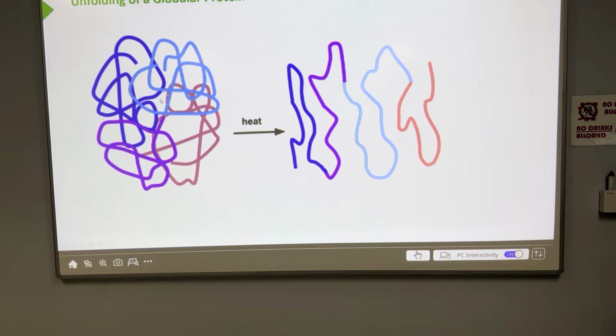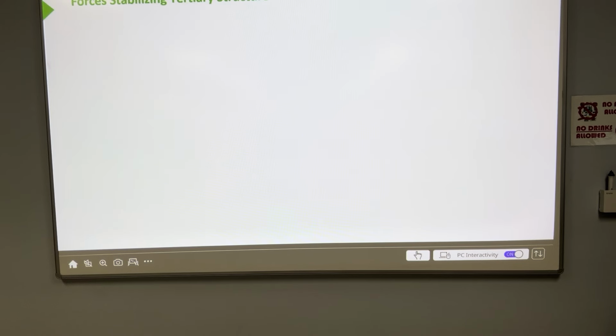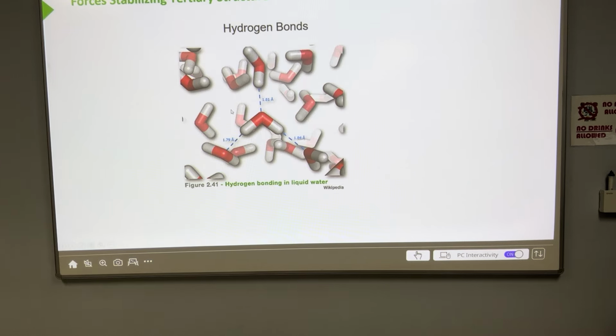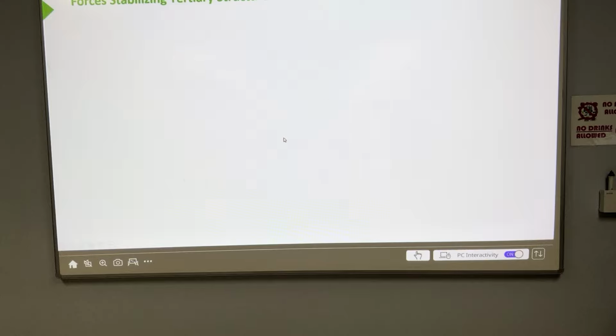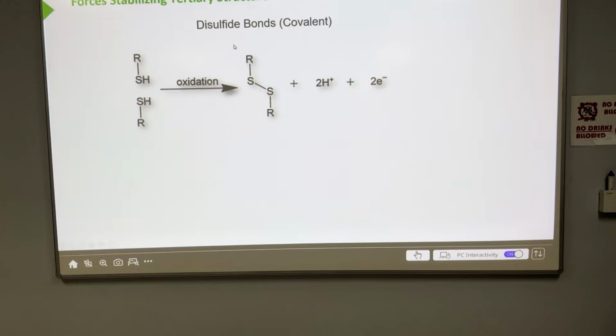What does heat do to a folded protein? Our friend said defold it. I agree. But what do we call that? Denature. Very good. Hydrogen bonds stabilize tertiary structure. And disulfide bonds, I told you about that, called disulfide bridges.